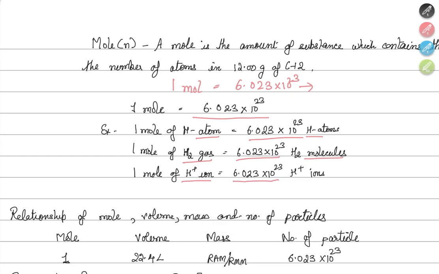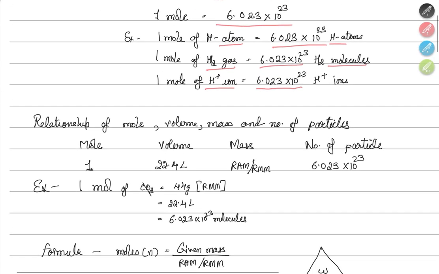That amount of substance present in 12 gram of carbon-12 is 1 mole. We can represent that amount of substance in terms of molecules, in terms of mass, in terms of volume of the gas, if it's a gas.